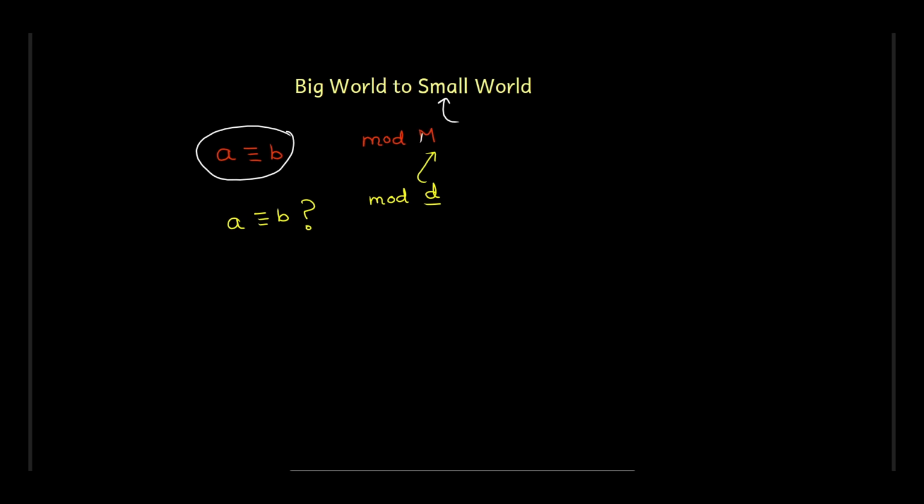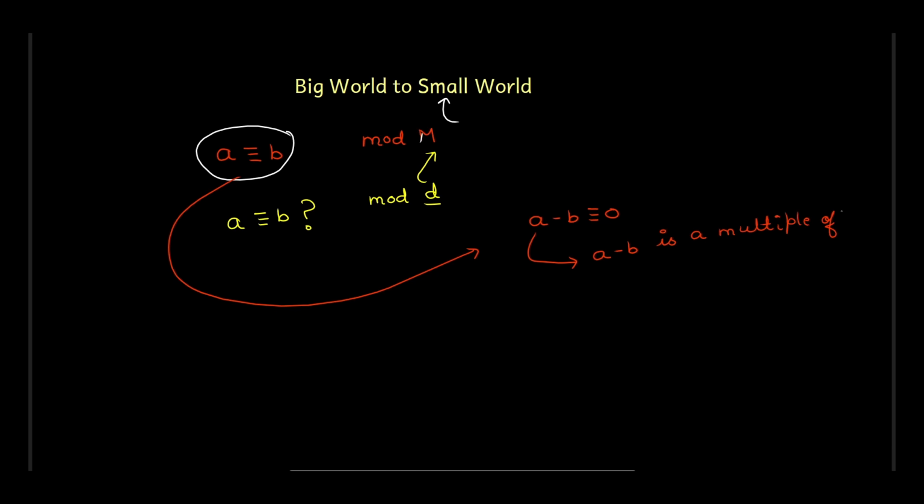The answer is yes, it would be, because when is a congruent to b? We had already concluded that this means that a minus b is congruent to 0. But when is a minus b congruent to 0? This can only happen when a minus b is a multiple of m.